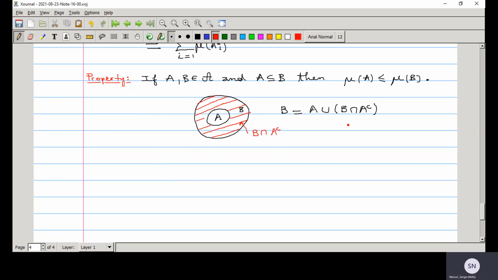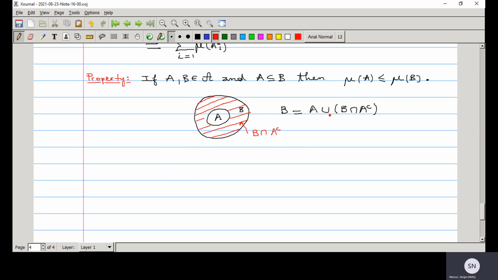So we see that A and this are disjoint, because an element here in A cannot be in the intersection with A complement, because remember, an element here is not in A. So the intersection with A will be the empty set.